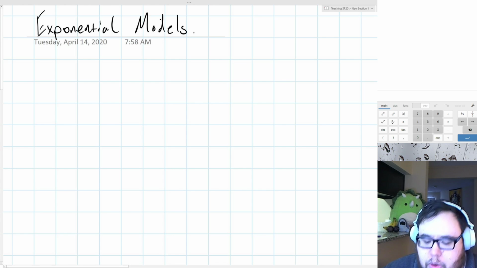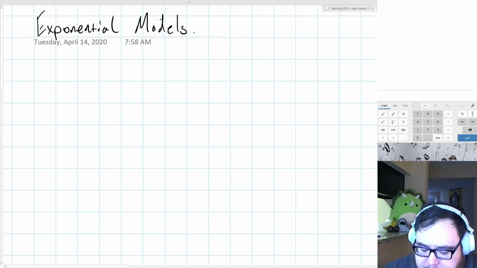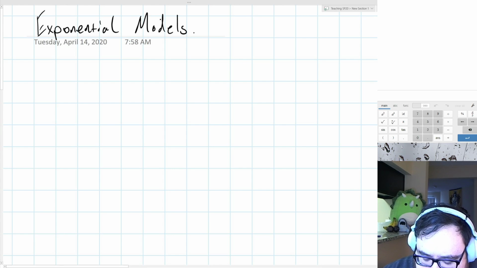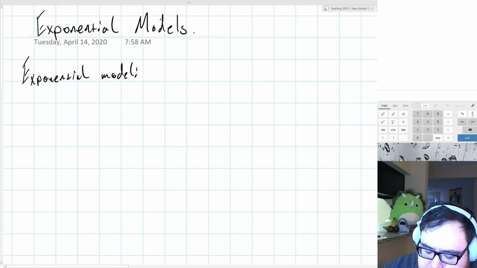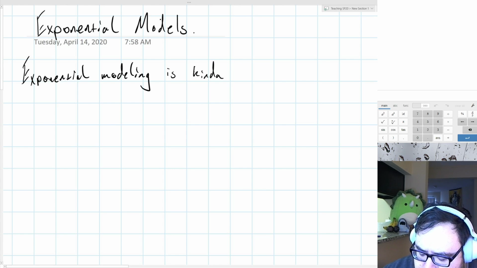to model things. The other type of modeling we've done in this class so far is linear modeling. And exponential modeling is kind of similar to linear modeling.